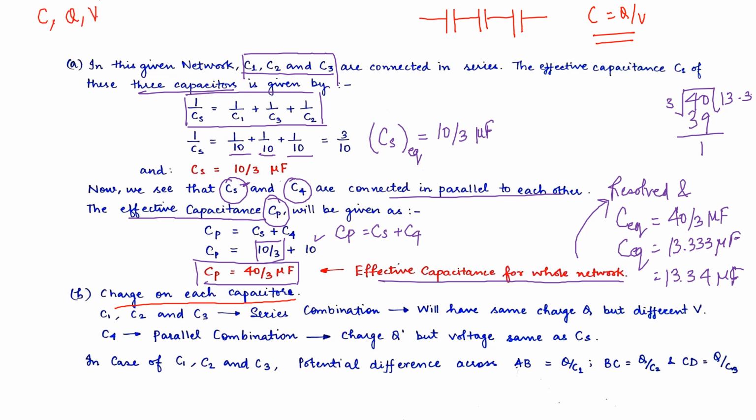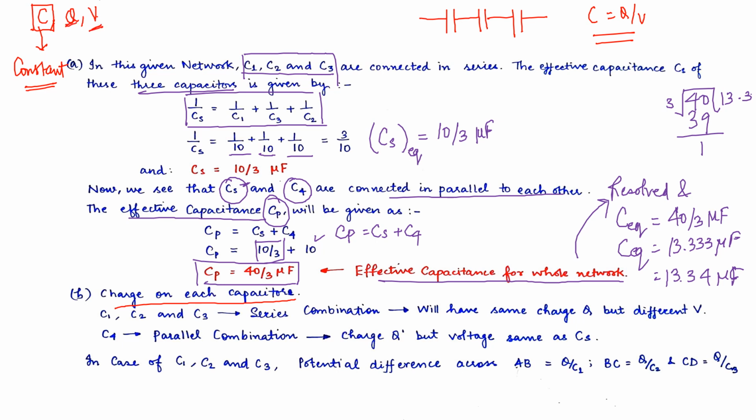C, Q and V. So when we think that C is constant, and we do not want to vary C from this number to that number, in that case our charge and potential will be varied.